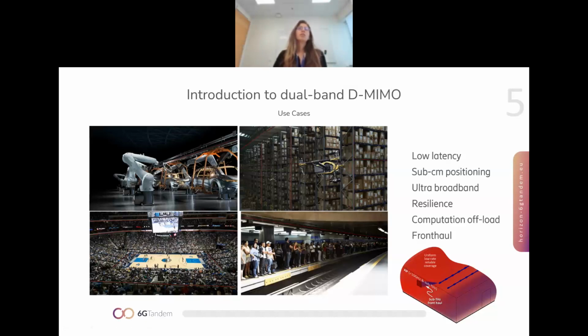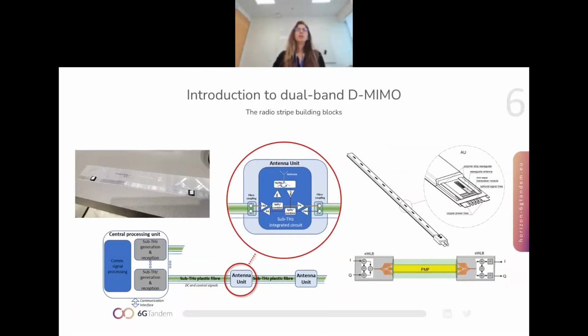So this is one of those things that we are hoping to get and exploring in this project. And so what are the possible use cases that we can address, given that we have these possibilities? In this slide, I thought maybe I can give you an introduction on this. For example, left-hand side, in 2019 Mobile World Congress, Ericsson introduced this radio stripe concept.